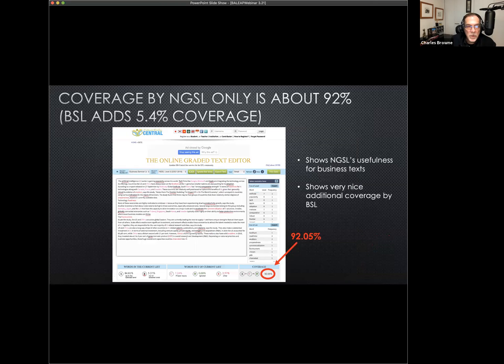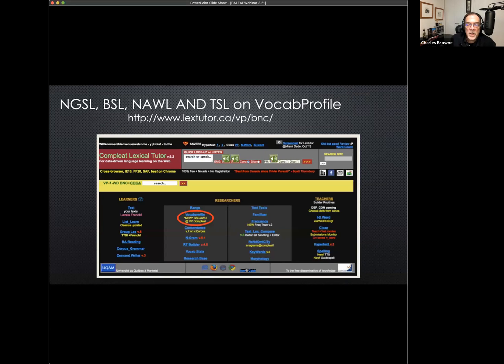So the OGTE tool allows you to analyze how much coverage each word list gives you for a text. And the idea for that tool came from a tool originally developed by Paul Nation in the 1980s, called Range. Back in the 80s, you had to install software into your computer.